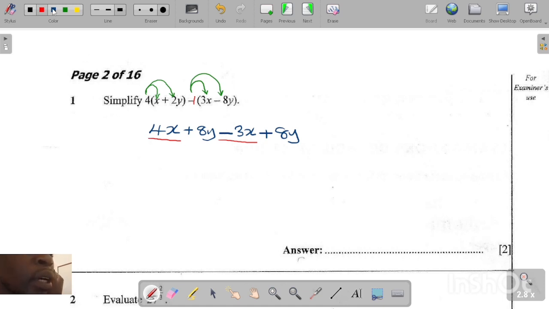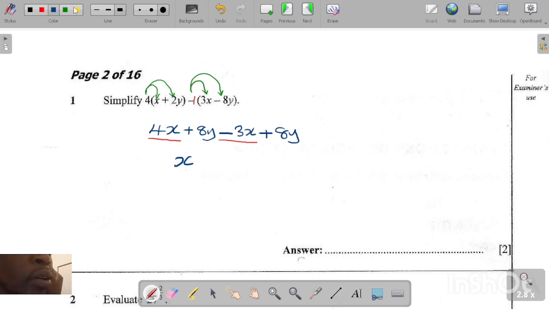So what we are having now is 4x minus 3x, which gives x. So 4x minus 3x is x, okay?